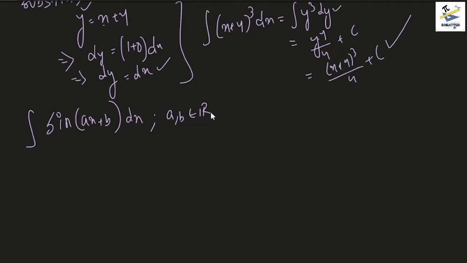Well, obviously in that case also, what we are trying to do is substitute this thing ax plus b, because were it only sin x dx, it would have been easier, right? So let us name the integral as I, and let us substitute y equals ax plus b.